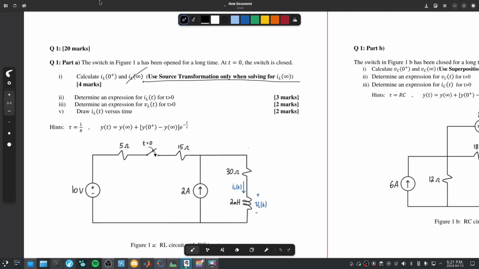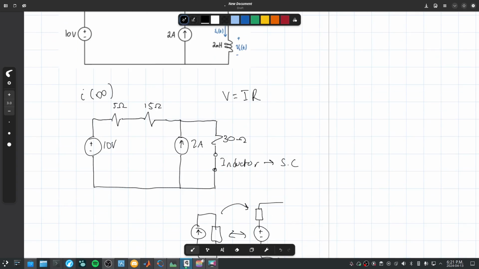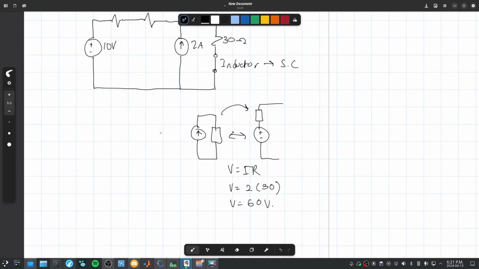I_L 0. This is the second one we need to find. I need to review my notes on how I actually answered this, because I may have forgotten.